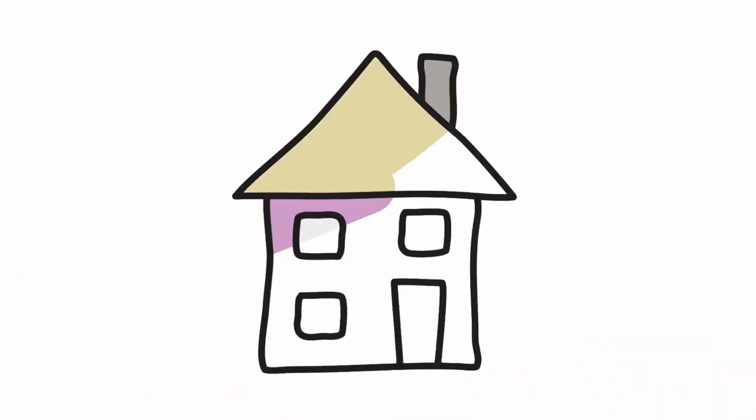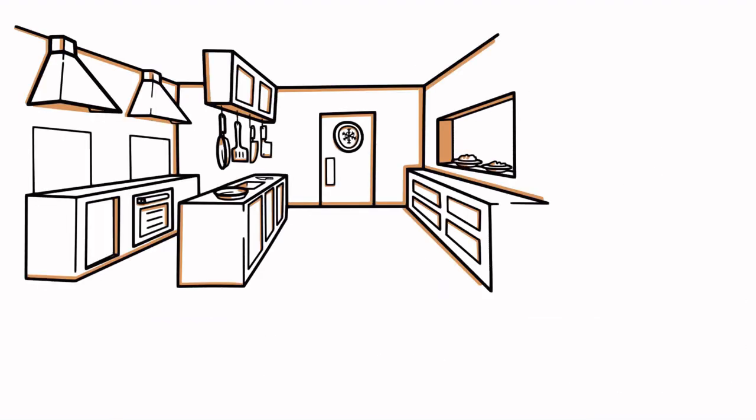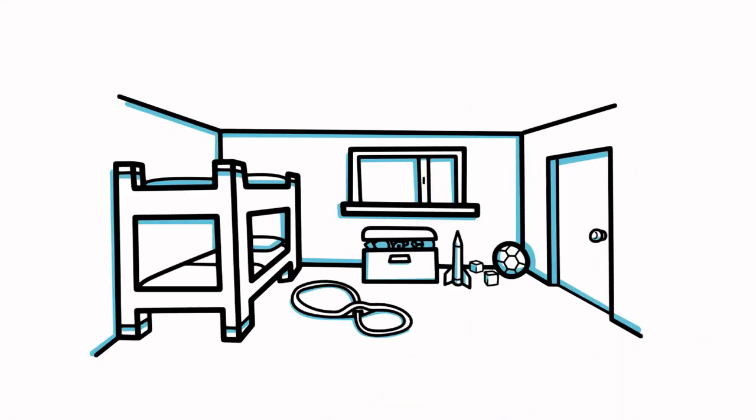A house which likely has a few rooms labeled or uniquely addressed as kitchen, bathroom, and bedroom. Each of those rooms have a label and are assigned for a specific task, like cooking, showering, or sleeping. Each of the rooms has a specific function, and we equip each of the rooms differently based on need.